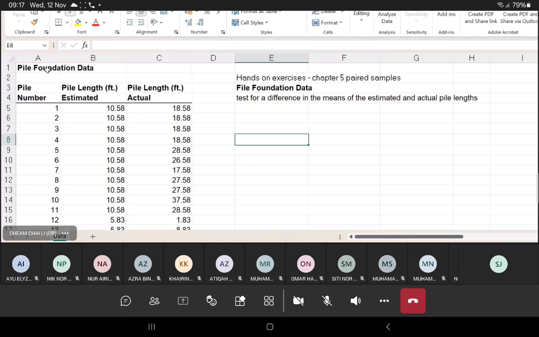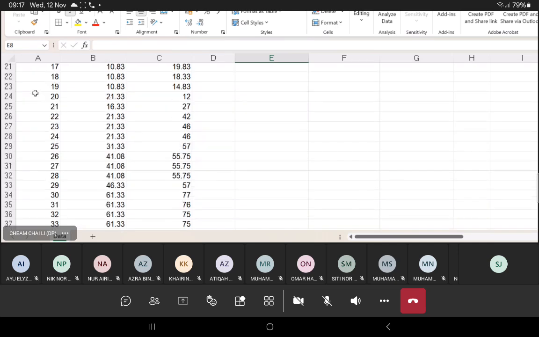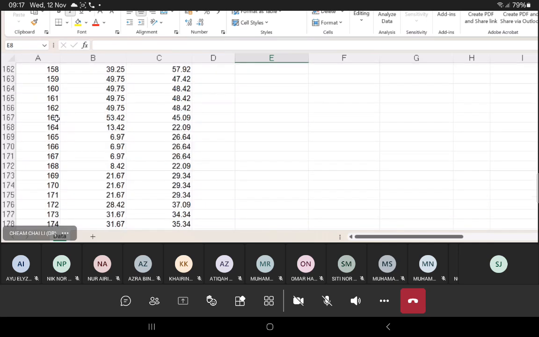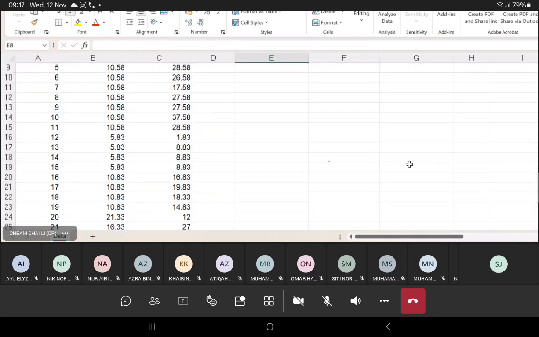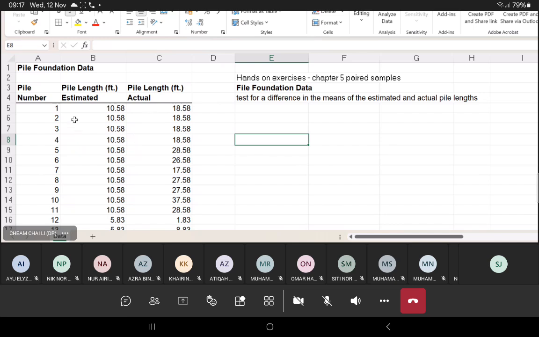So you see, this PAL Foundation, the PAL is used for construction. You have plenty of PAL numbers, up to 311. There are 311 PALs produced. And you see, the company wants to estimate the PAL length, and then they want to compare with the actual.